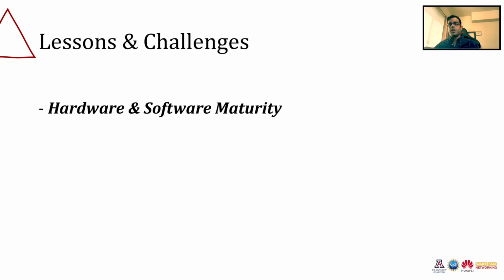Besides, we clearly observe that the lack of optimization in NFD significantly overshadows NDN's novel design in the real world. For example, we identified and resolved several major software bugs on the testbed that were throttling the system performance. Just to highlight how important software maturity is, before fixing the bugs, the quality of experience numbers that you saw in the previous slides for the NDN testbed were at least 2 times worse.